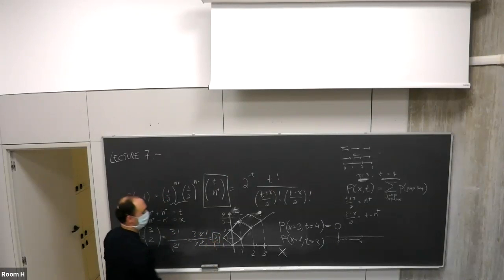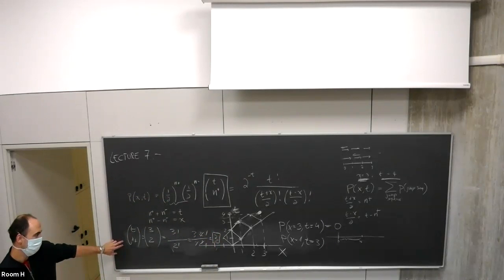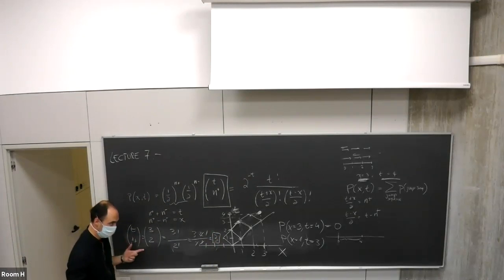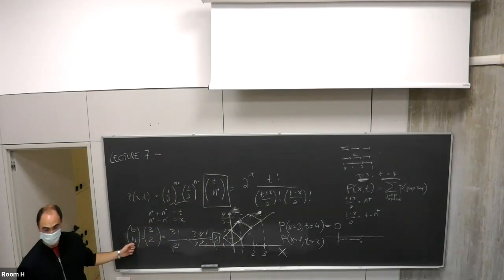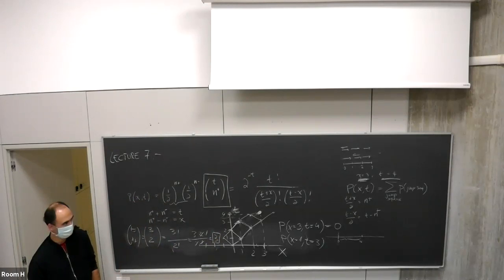You see? This combinatorial number is telling you how many ways you can choose n plus options in a length of size t.